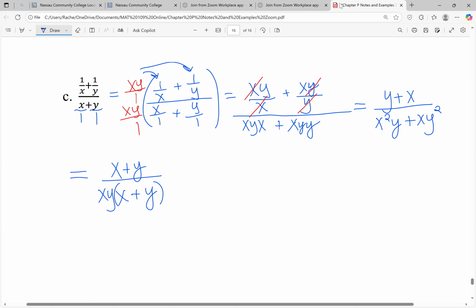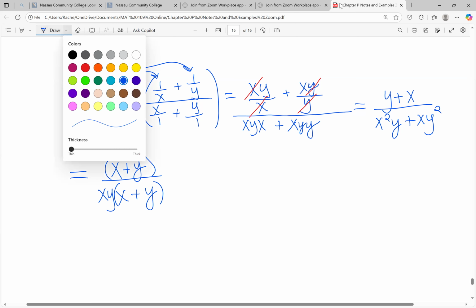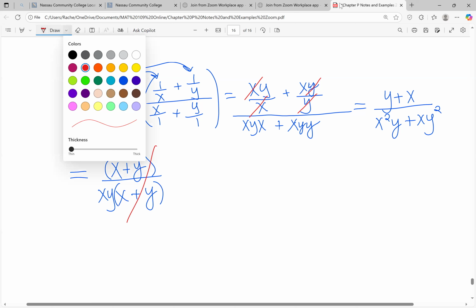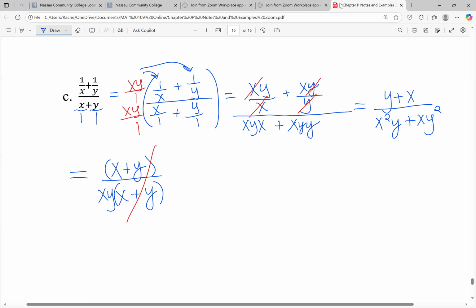And now I see, look, this numerator, x plus y, is the same factor as the x plus y in the denominator. So that's going to reduce to 1, not 0, right? So we're going to have 1 over x times y, and that's going to be my final simplified answer.